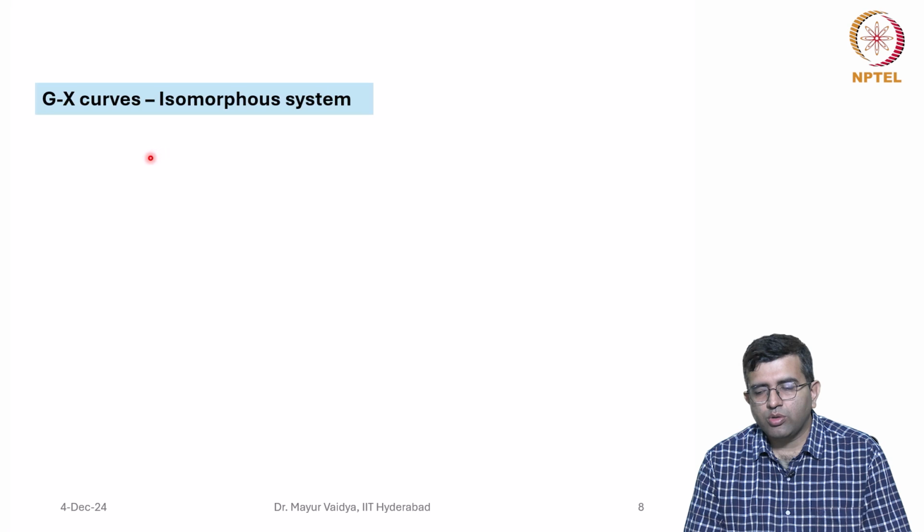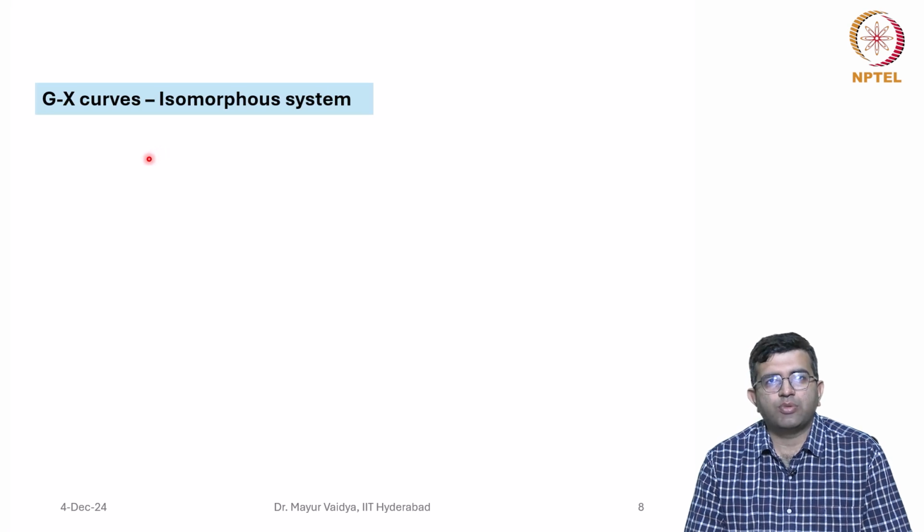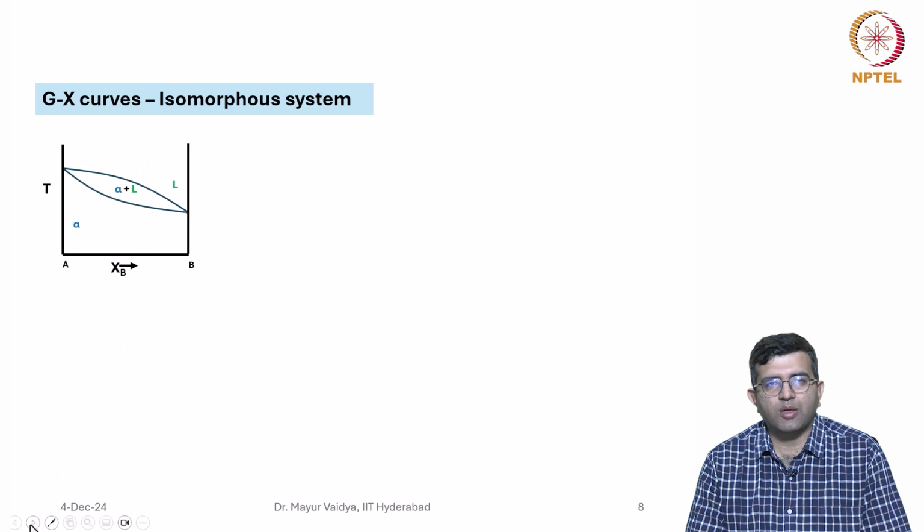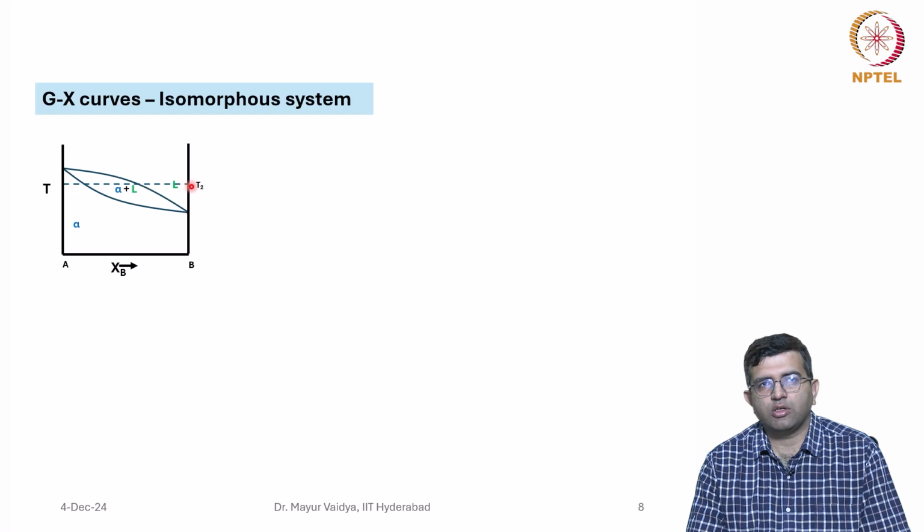Now, let me show you a couple of examples of GX curves of different types of phase diagrams. First is the isomorphous system. Let us say you want to draw the G versus X curve at T2.